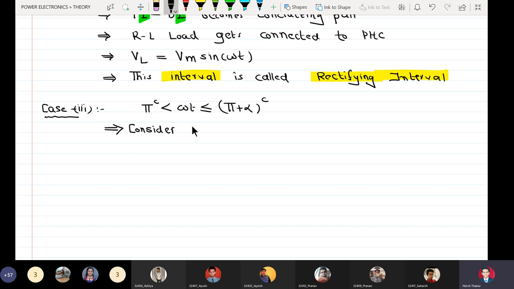Consider the instant omega t equal to pi minus.